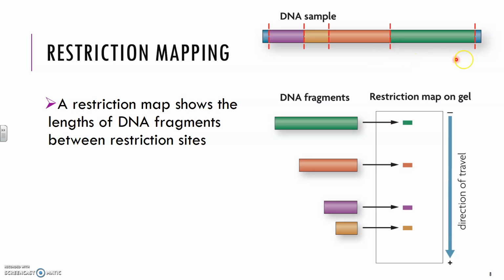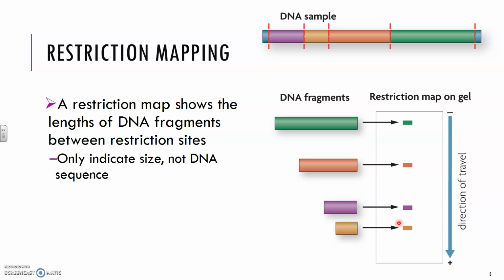This is the DNA sample you started with. You cut it with some restriction enzymes and ended up getting 4 fragments from that. When you run all of those fragments on a gel, you will get your longest fragment up at the top, and then it will continue downwards with the shortest fragment moving the furthest from the starting point.